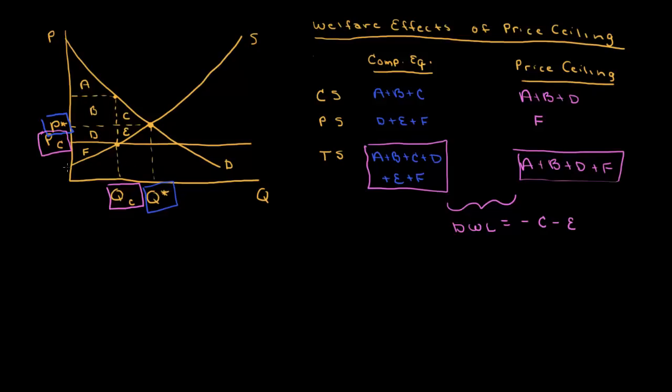Now one thing that can happen that we didn't discuss earlier whenever you have a price ceiling is that there are so many people that want the product, but only a limited amount will get it, so black markets can emerge. A black market is just a secondary market where the product is exchanged in an informal market. So you have the price you would pay in the store, and then you have the price that you would pay on the street.